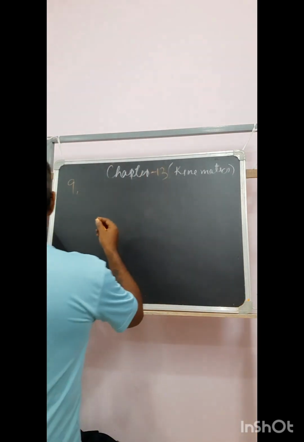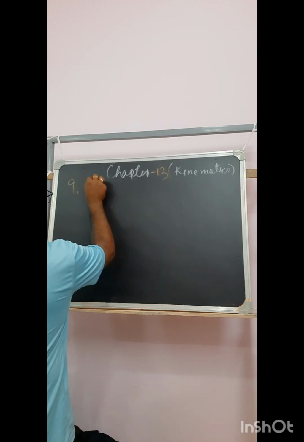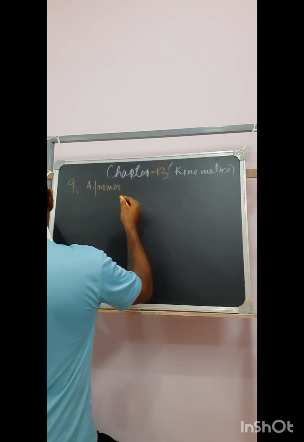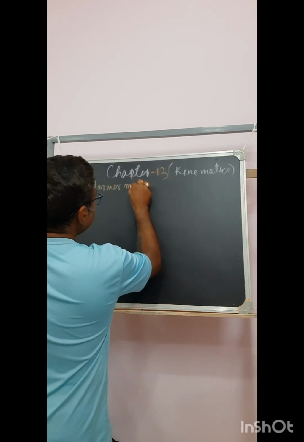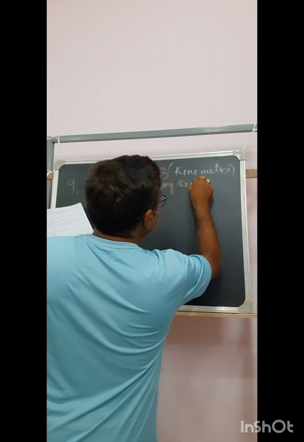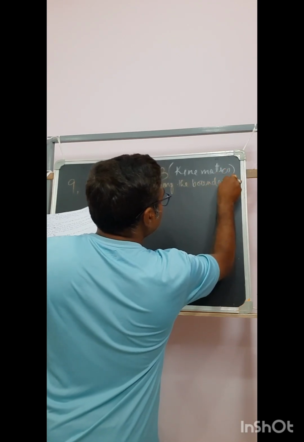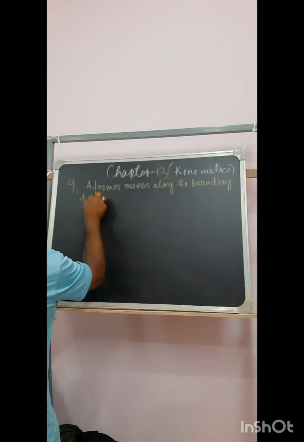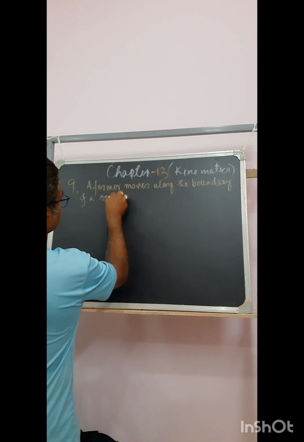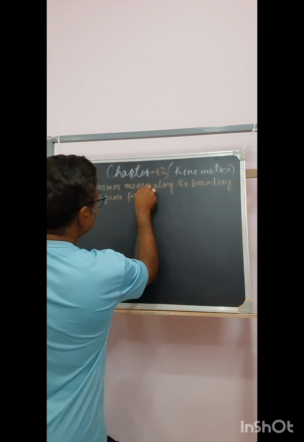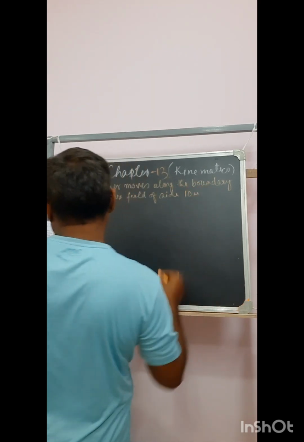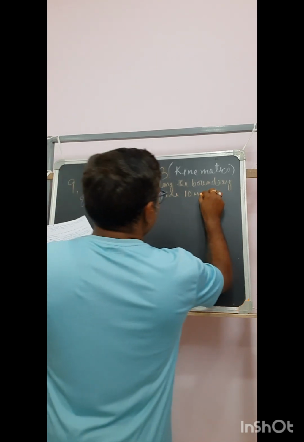Okay, so this is number 9. It says a farmer moves along the boundary of a square field of side 10 meter in 40 seconds.